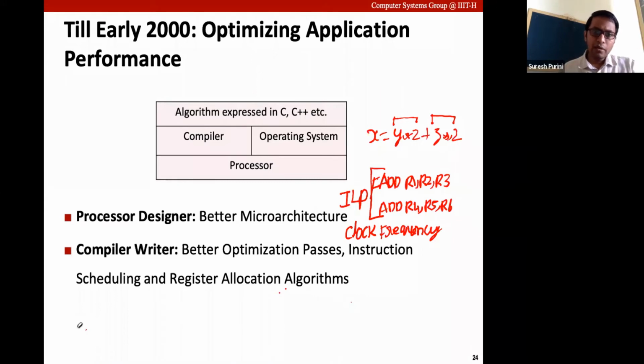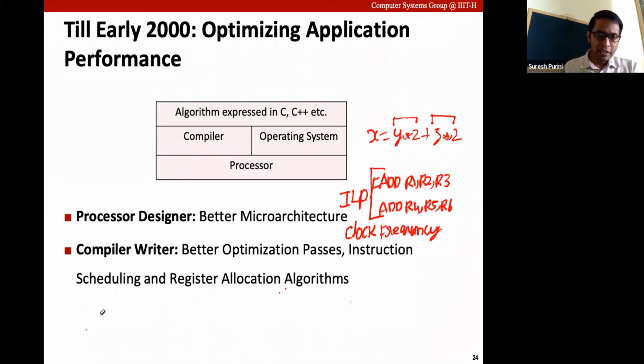And from the algorithm designer's perspective, since the execution model remains the same, you come up with better algorithms for the problems that you're trying to solve. Like better algorithms for the traveling salesman problem, better algorithms for sorting, better algorithms for searching.